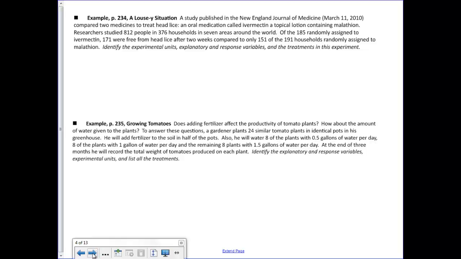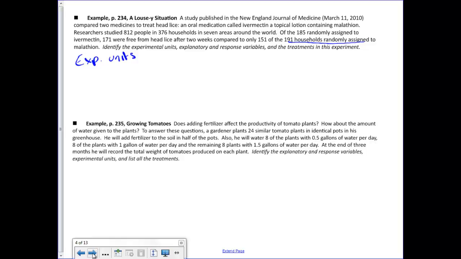So, first of all, what are my experimental units? What are we doing this to? We have people, but how are we selecting those people? We're choosing those specific households, right? Because what's it say here? There were 191 households that were randomly assigned.